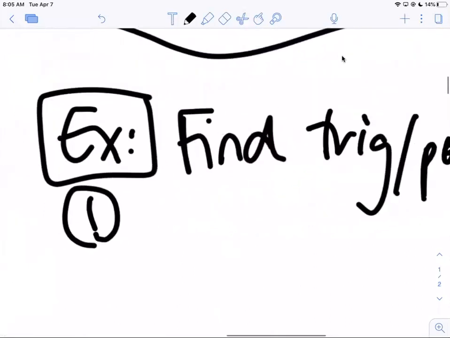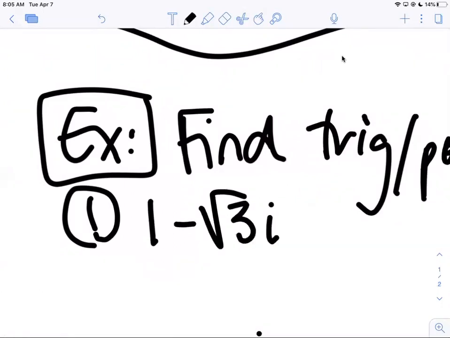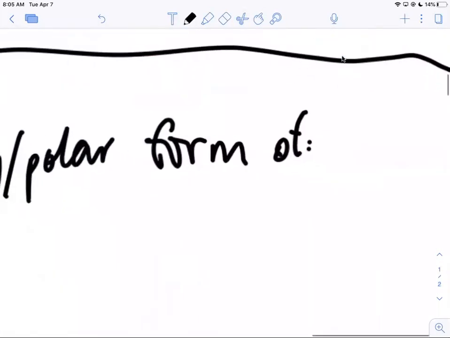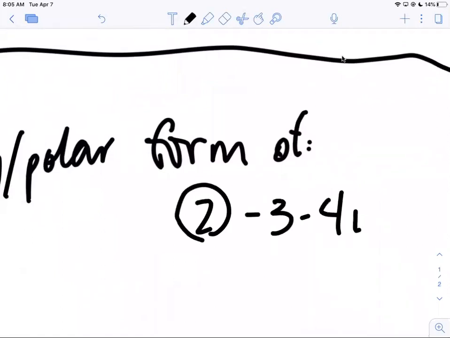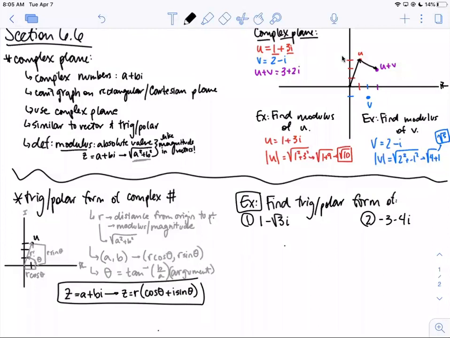First one is going to be 1 minus root 3i. And then the second one is going to be negative 3 minus 4i. So what we have to do is find r and find theta, and then we're going to put it into this form. So let's go for it.